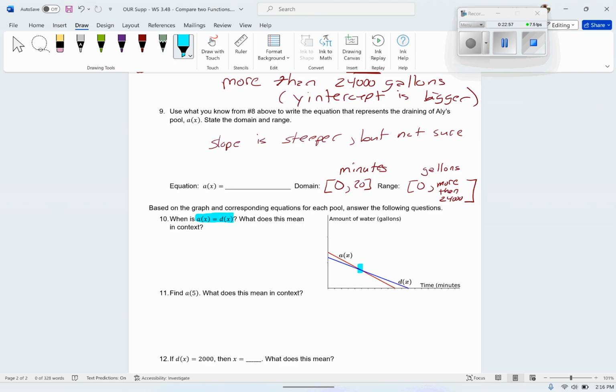So right here. That's where the two are equal to each other. The crossing point. This is where the lines cross. So you can say the time when they have the same gallons of water.